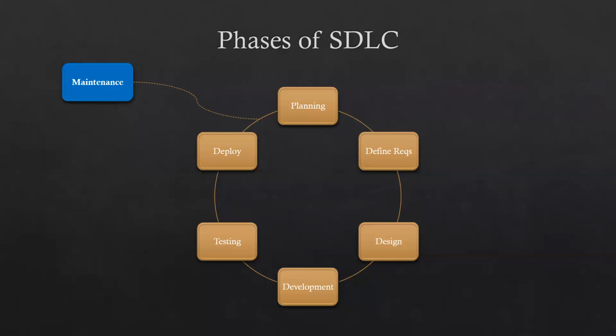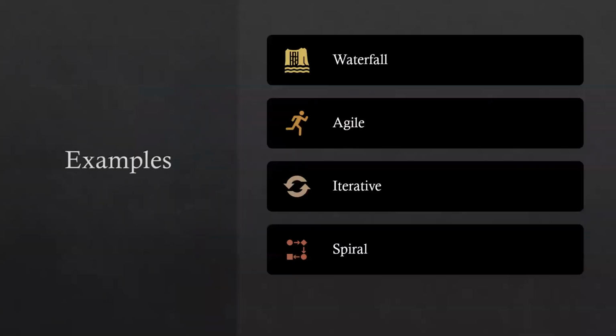There are so many frameworks that were defined using each of these phases. Let's see some examples. There's one called the waterfall model, and another one called agile methodology.